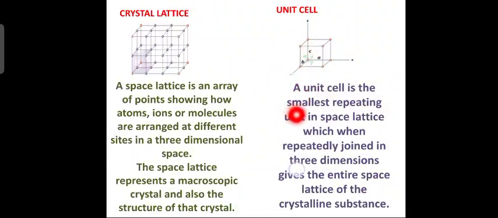It has to be repeated a number of times and joined in 3 dimensions, and then it will give you one entire crystal lattice. So this is the definition of one unit cell.